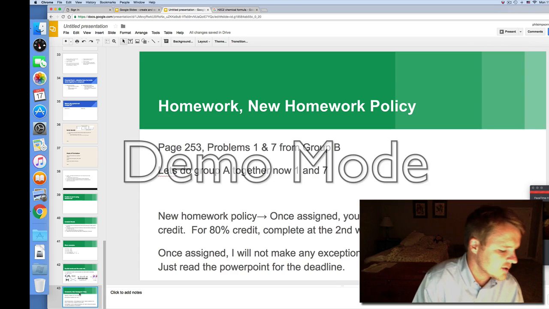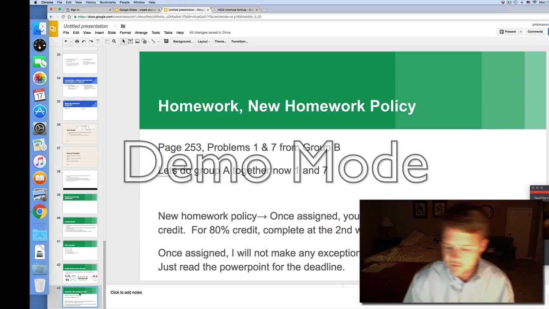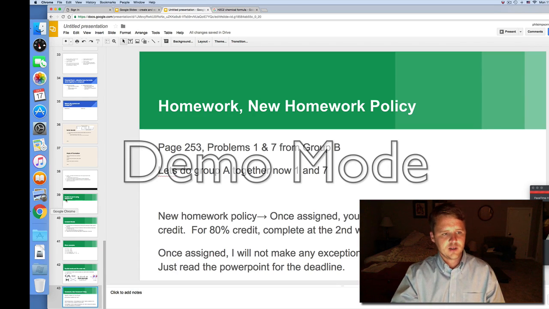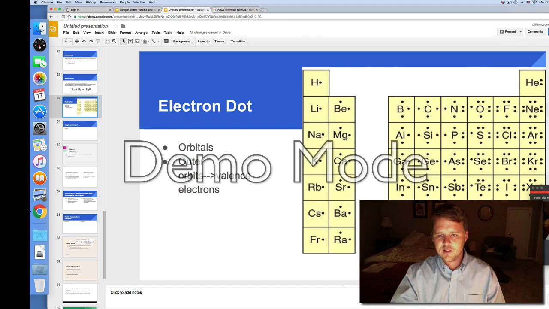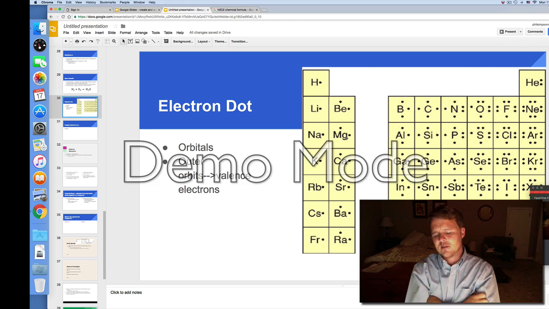What is the chemical symbol for a magnesium ion? Well, let's just go back. Magnesium has 2 valence electrons. So it's neutral with 2 valence electrons, but it's an ion.